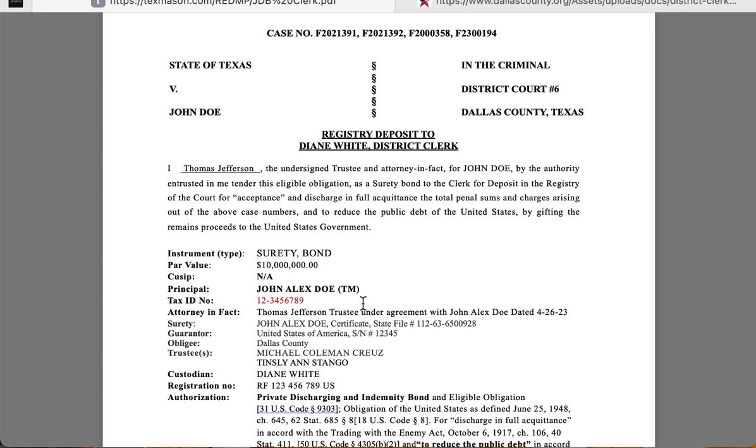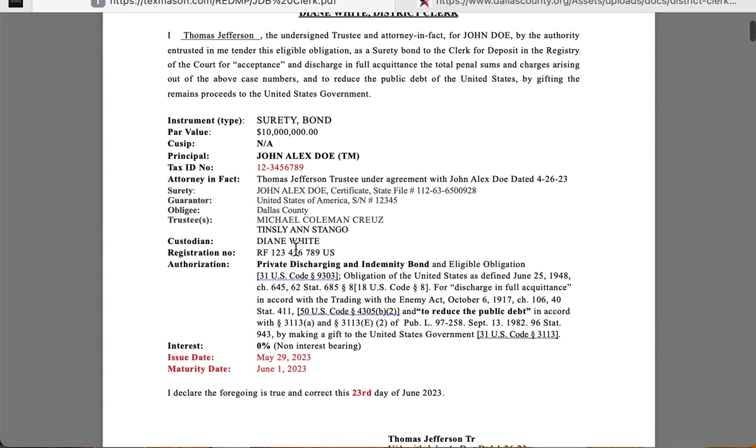Attorney in fact, you can fill that out. Thomas Jefferson trustee under agreement with John Alex Doe dated 4/26/23. That's the attorney in fact. He's attorney in fact in his capacity as a trustee. That really can't be argued because we included an executed power of attorney. The surety, the guarantor, the obligee, the trustee, the custodian, we name in all these positions the registration number, authorization.